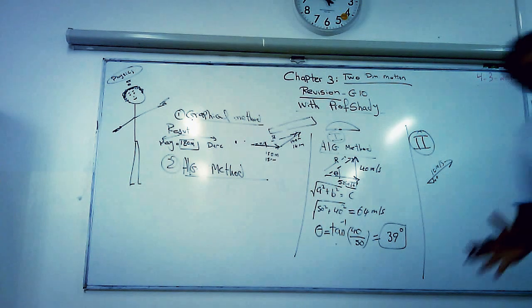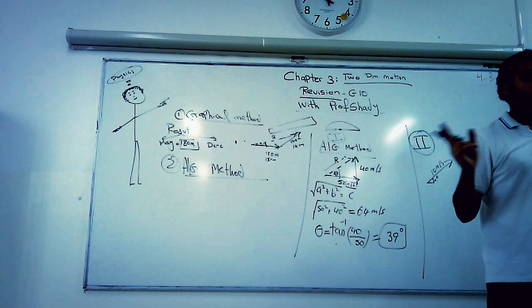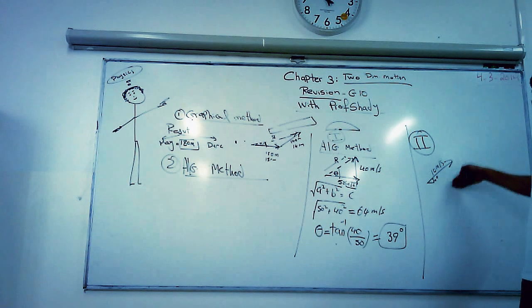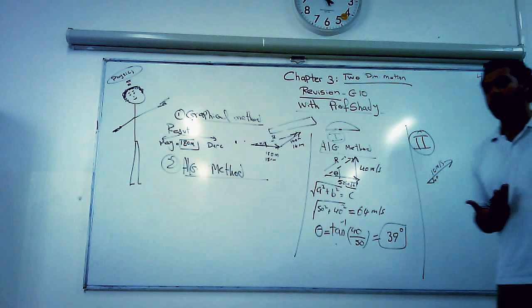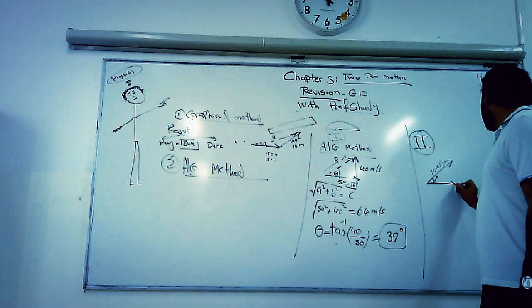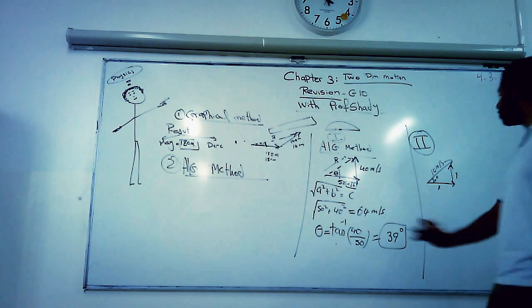This is a two-dimensional motion. This means that I need two components. And the two components are the x and y. So I need to draw my right triangle, right? So this is my x, and this is my y. This is component 1 and this is component 2.